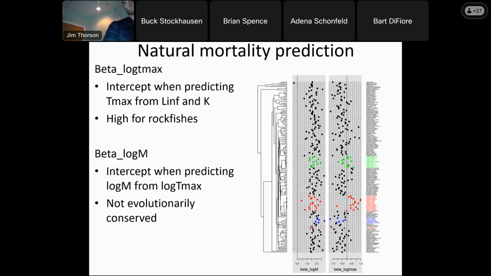I remember what those are called. So there are these phylogenetically correlated residuals in the relationship between growth parameters and longevity, and that's the point of this. Using phylogenetic comparative methods allows you to condition on that to improve predictions of natural mortality. That's the takeaway.